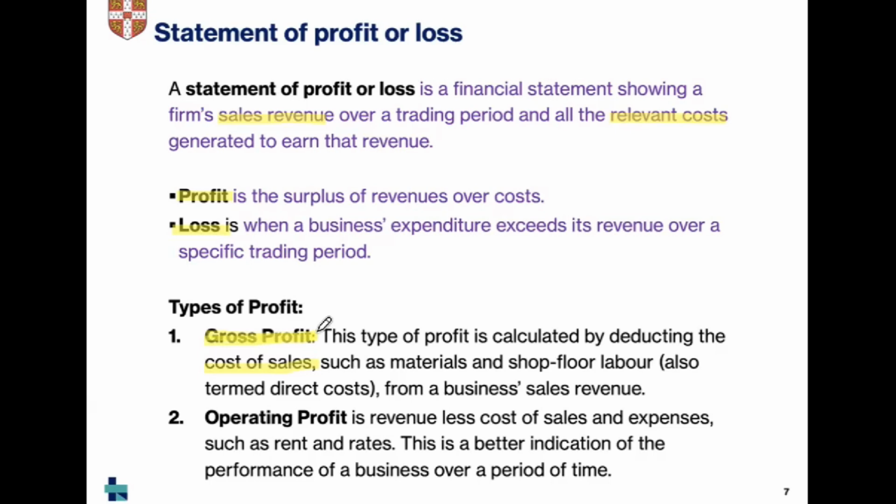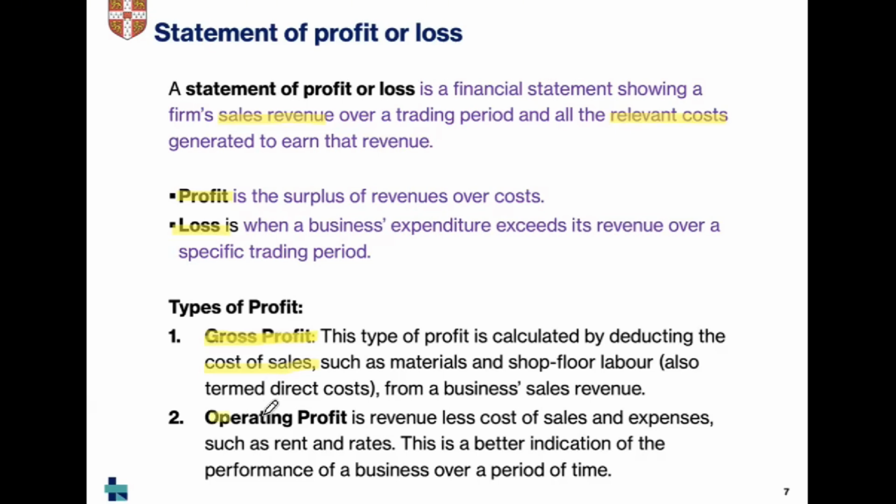Now, there are other costs that a business will incur that cannot be traced directly to the pen that is on my desk. The costs, for instance, the salary of the factory manager, the salary of the administration people in the office, cannot be traced to the product. These are not direct costs. All right. So there are other costs that must be deducted from the sales revenue.